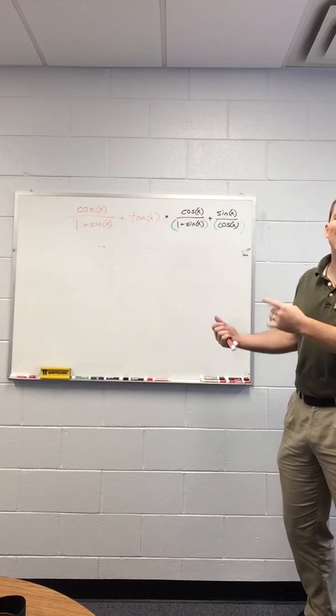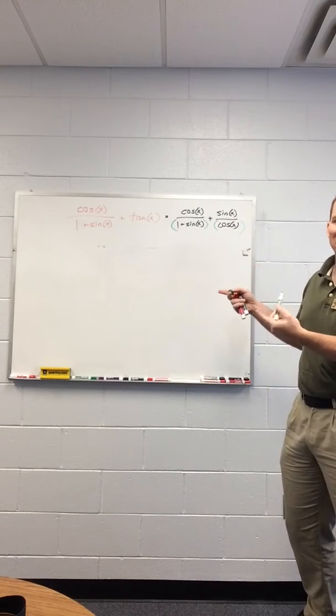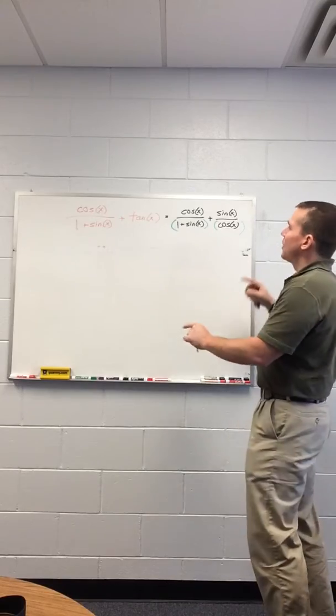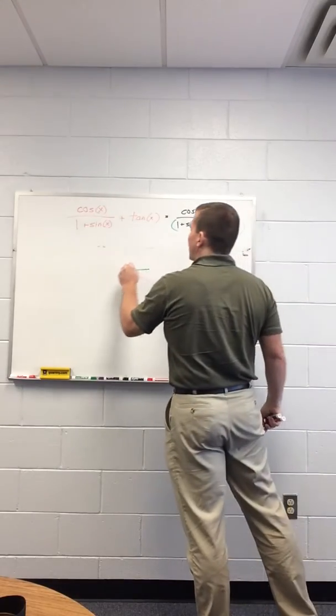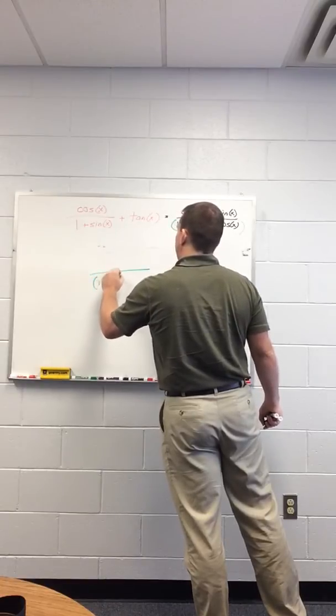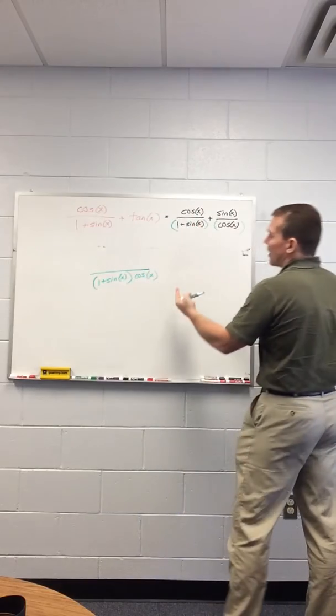And we're going to be doing a lot of algebra here. And unfortunately, this board doesn't give us tons of room to write it out. So I'm going to have to move down to another line. But you guys know how this works. My common denominator is going to be 1 plus sine x times cos x. And now how do I get that?